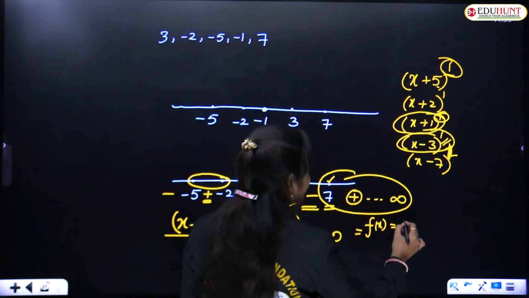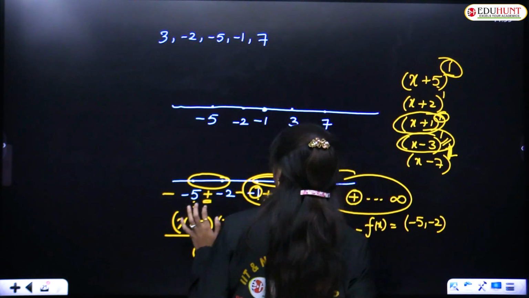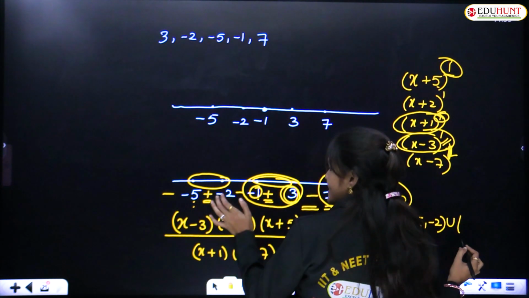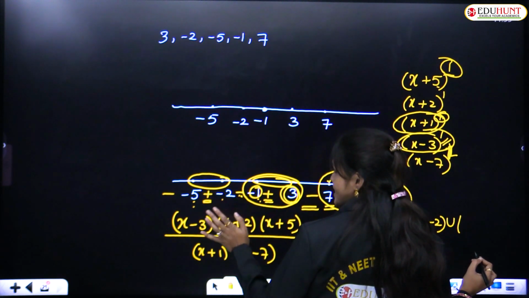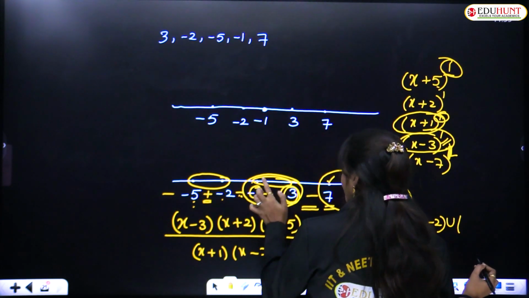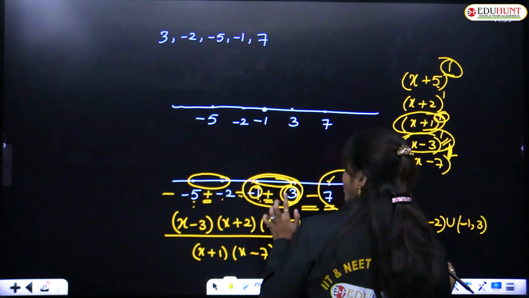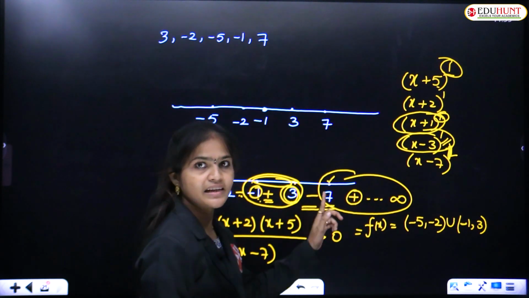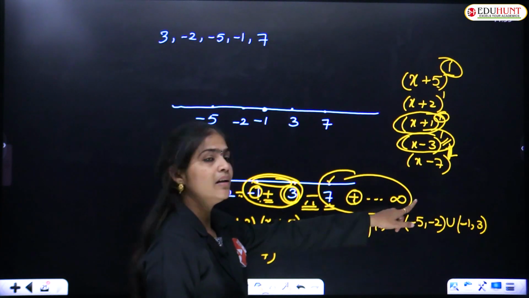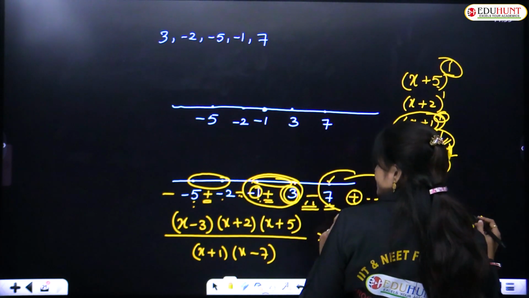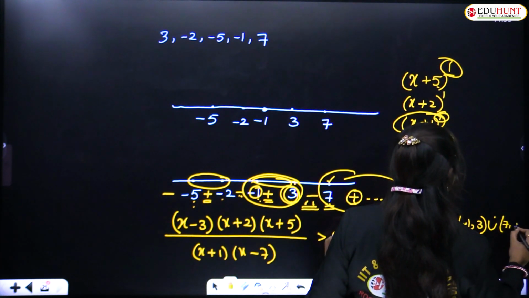So how to write that? First interval is minus 5 comma minus 2, union. Next interval minus 2 to minus 1 is not there. Why? Because in between, minus sign is there, no? So that's why we should not take it. Next, minus 1 comma plus 3. After that, 3 and 7, that interval we should not write, because negative sign is there. Next is 7 to infinity, union 7 comma infinity.